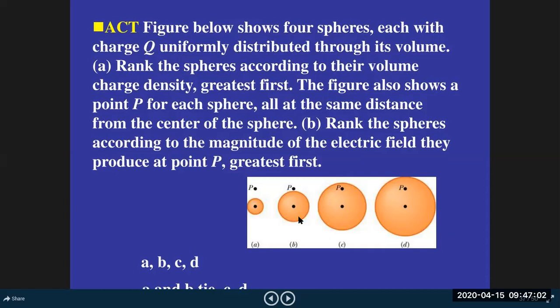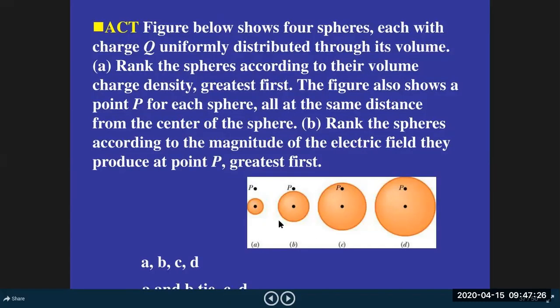Next, if you come to this point on the sphere, in this case the electric field will be directly proportional to charge density. So in this case the charge density will be a little bit smaller than in this case, even smaller in this case, and even smaller in this case.